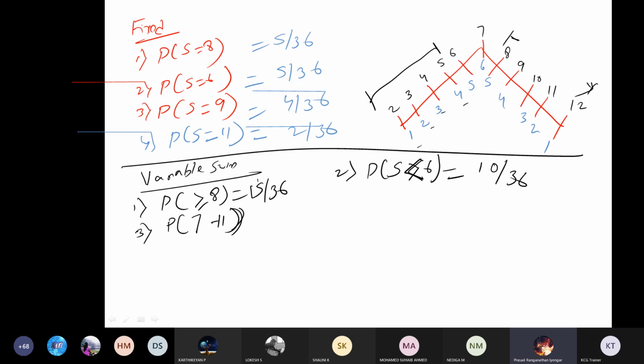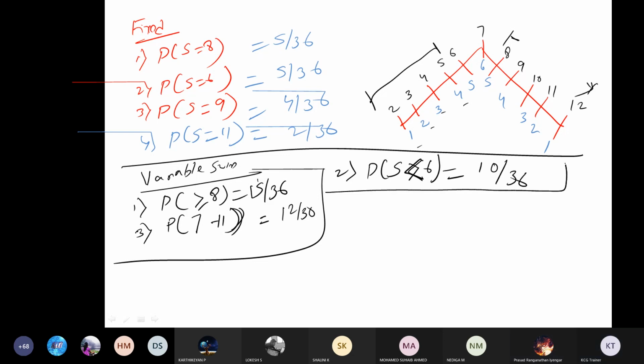Sir, 5, 4, 3. That's all. So what is the sum? 12, sir. 12 by 36. Understood variable sum also? Yes, sir. Is it better than the normal method?